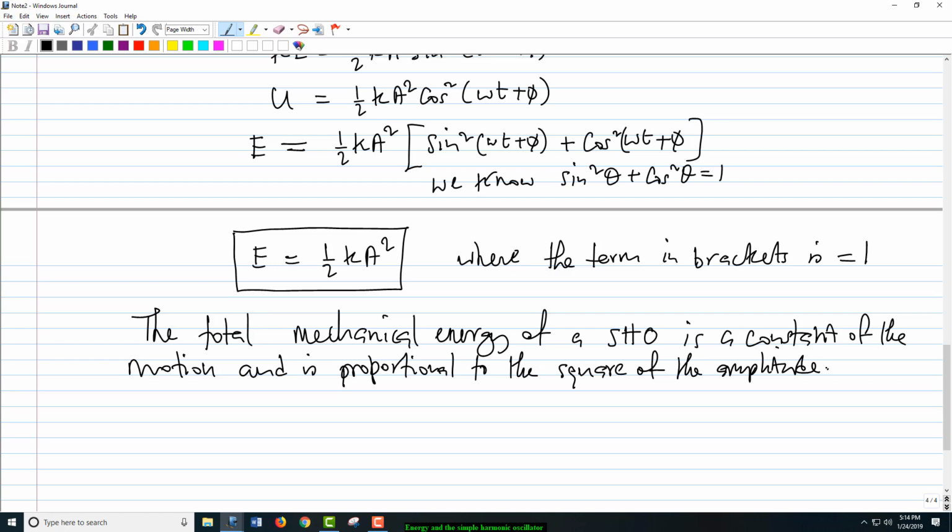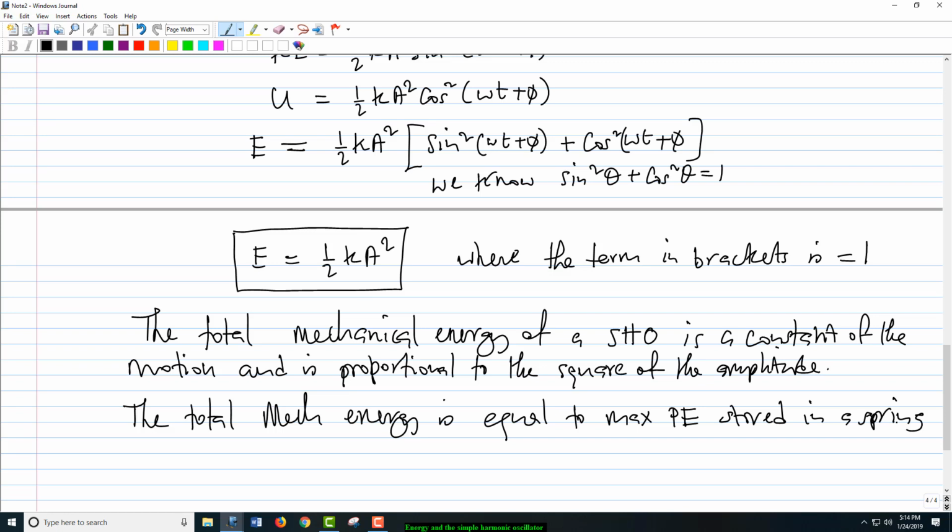And so we can say that the total mechanical energy is equal to the maximum potential energy stored in the spring when the displacement x is equal to plus or minus the amplitude A, because at maximum displacement, speed v is equal to 0.